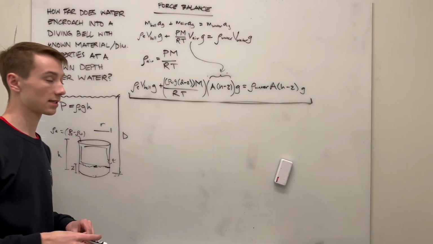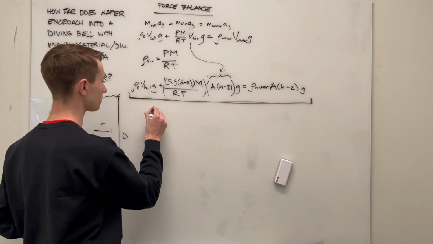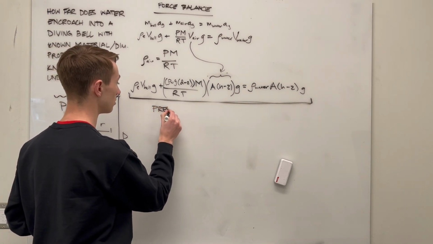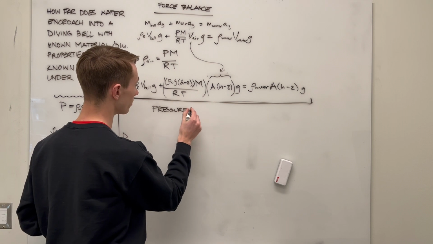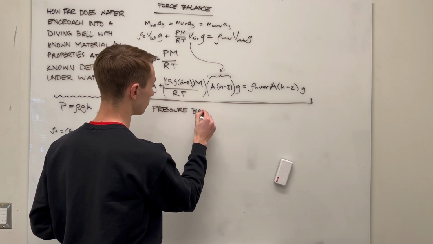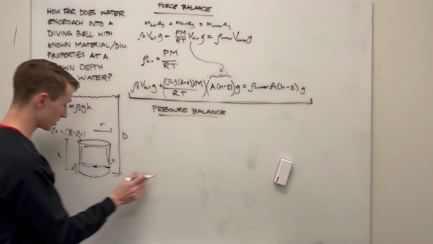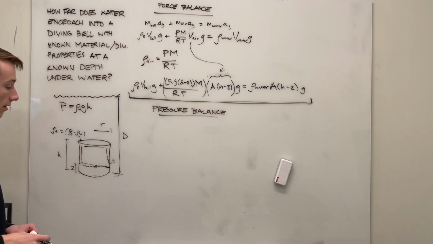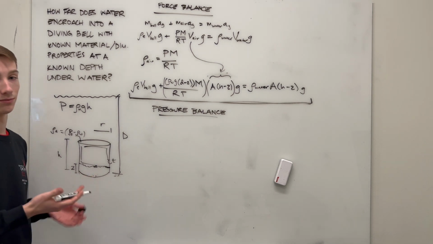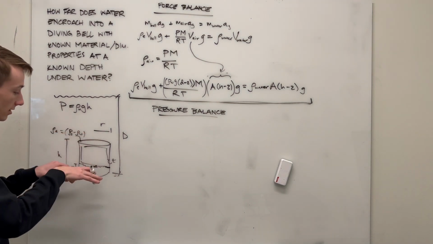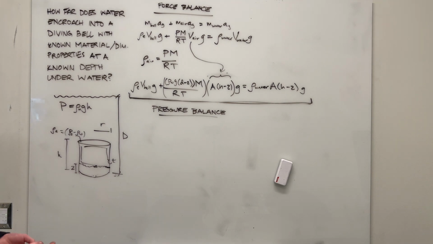Okay, so the next one, like I said, is going to be a pressure balance equation. So not only do the forces balance, but at the surface of this water level here, the pressures balance. We know that because the water doesn't move at all. The force down on it due to pressure must be equal to the force due to pressure coming up, just like we just showed here.